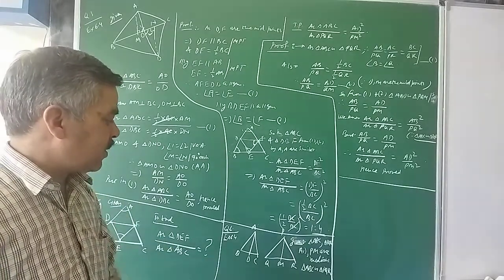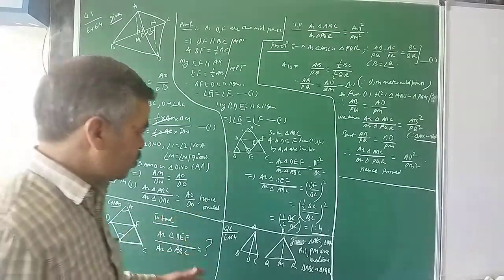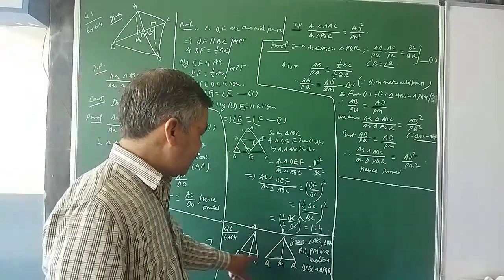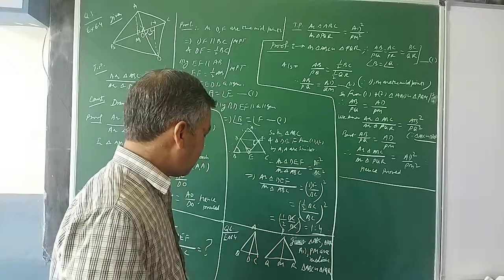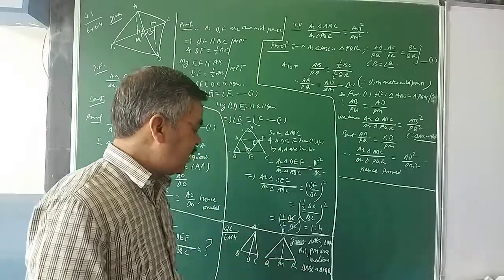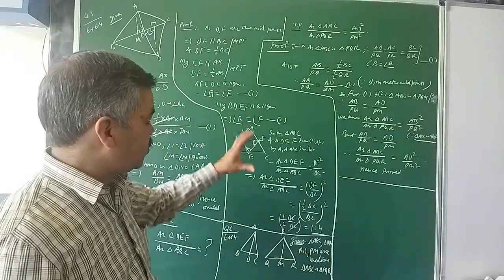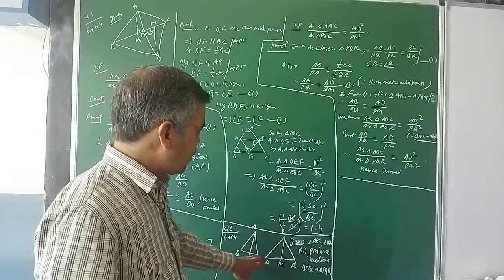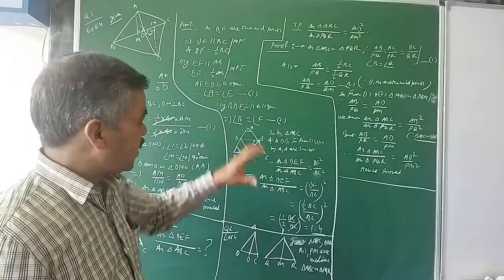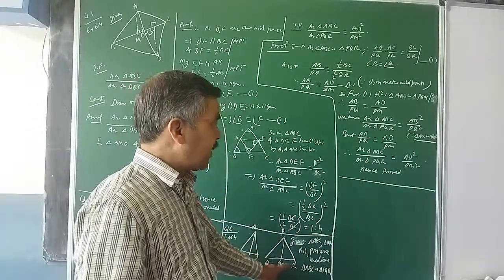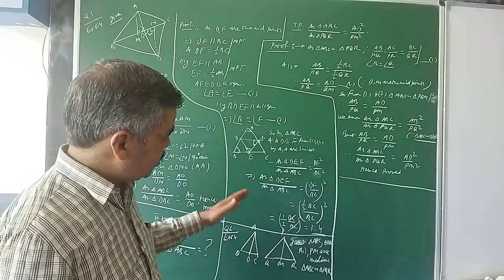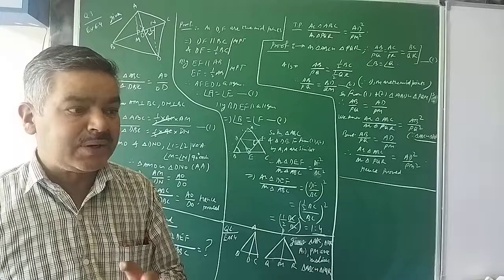Let's go to question number 6 now. There are two triangles given to you, ABC and PQR. ABC and PQR are similar triangles and AD and PM are the medians. Now you have to prove the ratio of the areas of these two triangles, ABC and PQR, is in proportion to the square of their corresponding medians.